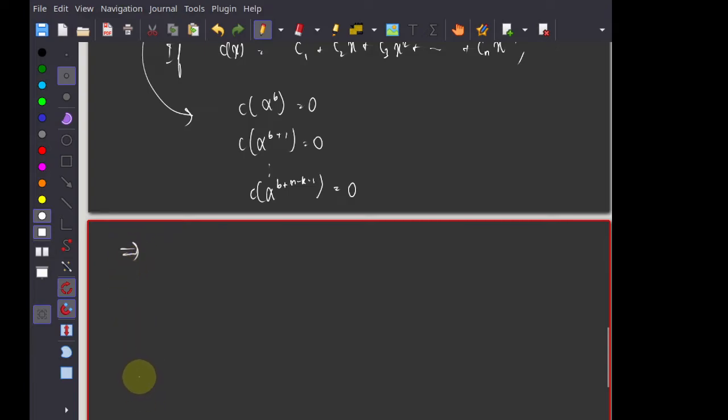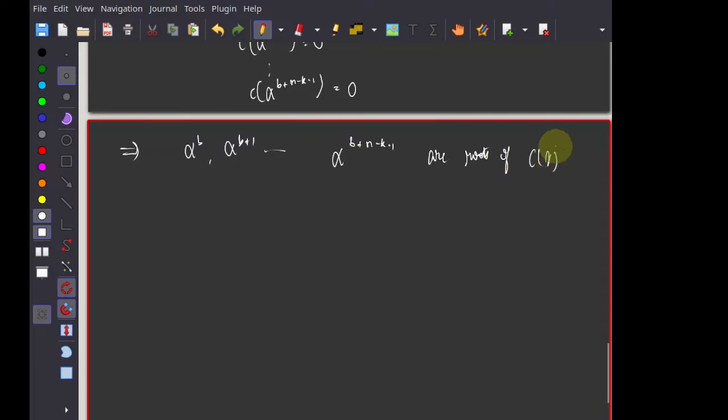So this implies that alpha to the b, alpha to the b plus 1, up to alpha to the b plus n minus k minus 1 are roots of c of x. Right?